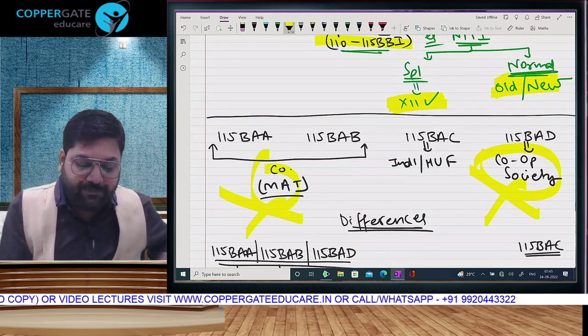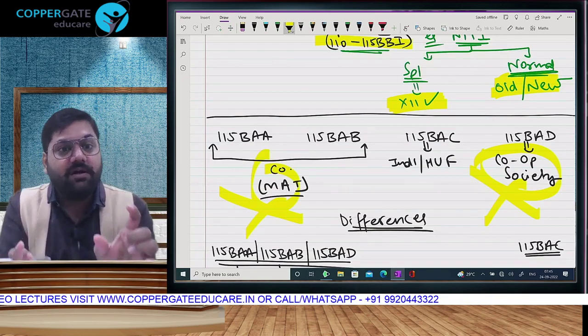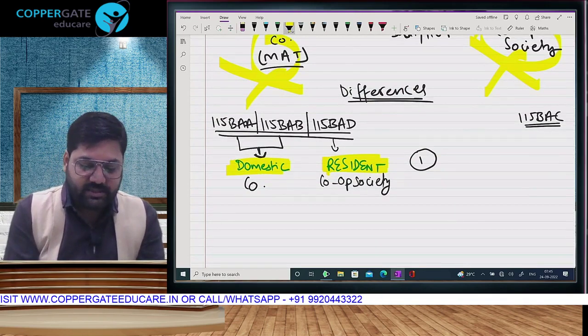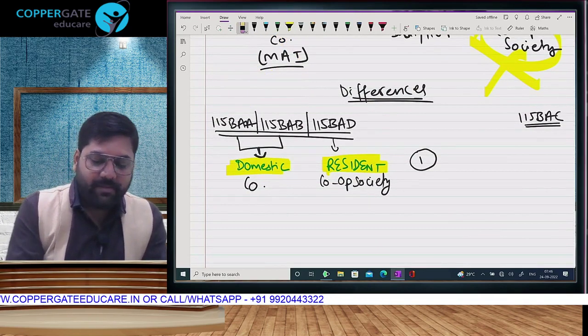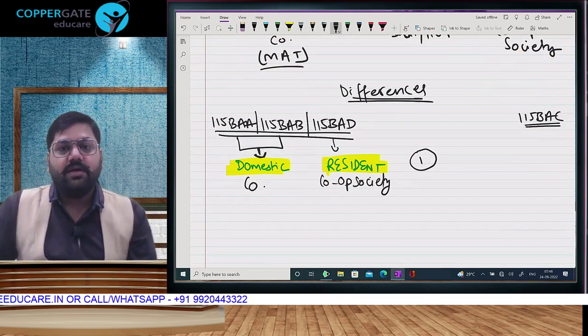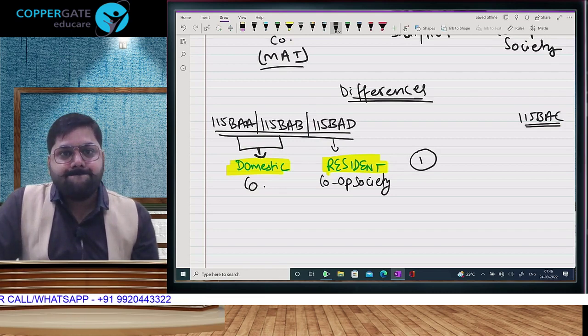It is not for company, it is for domestic company. The word domestic, the word resident has been specifically written in these sections. For company, the word domestic is used, and for cooperative society, the word resident is used. Specifically mentioned.